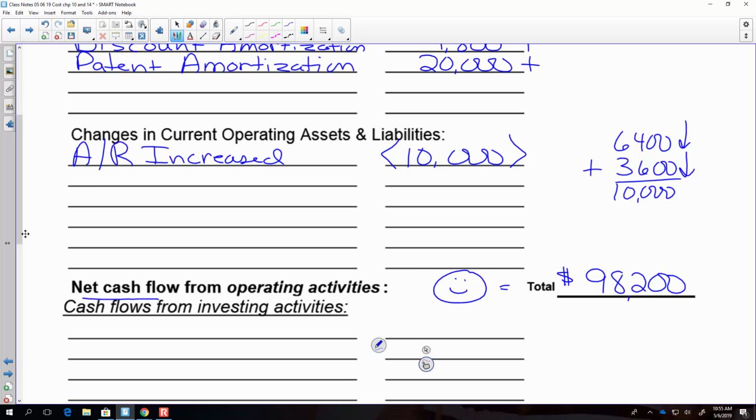Very good. I think I have one more current asset, or two actually. Decrease in inventory. Inventory decreased. How much? 16,000 and it added in. Yeah, that's a good thing. We can get rid of inventory. That's always a good thing. And there's one more. Prepaid insurance, which decreased by 2,000.